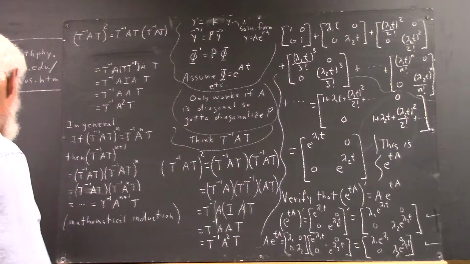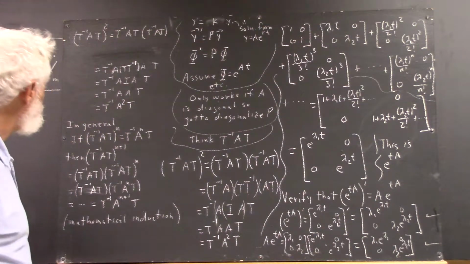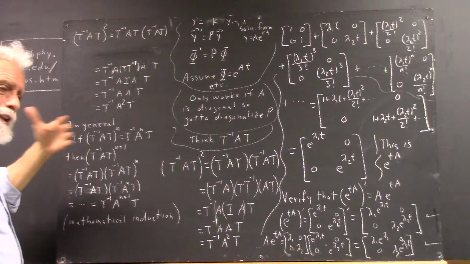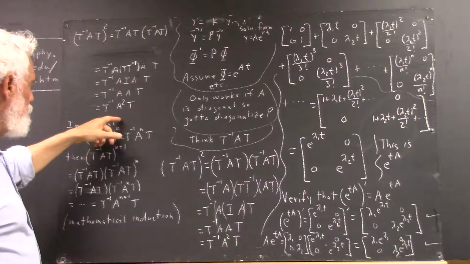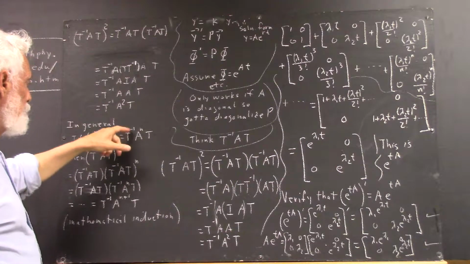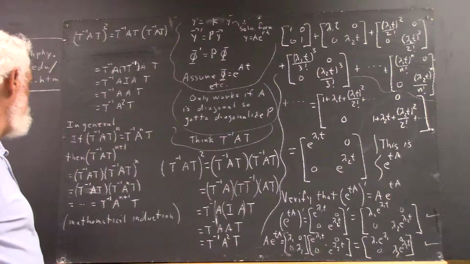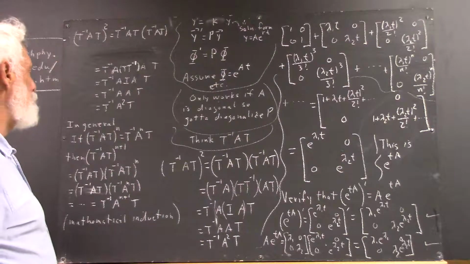Okay? Now, in general then, we can extend this process. We can say that T inverse AT raised to the n is T inverse times A to the n times T. Well, actually that's not what we're saying.